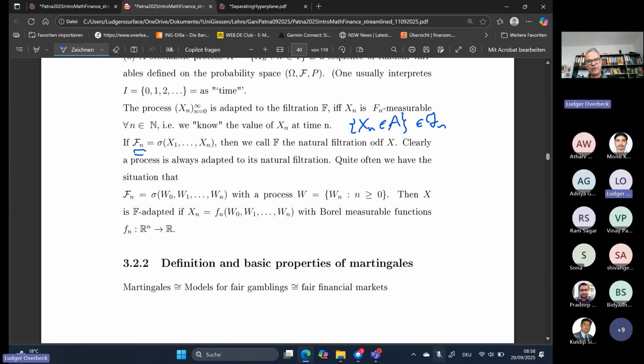And so now we come further to stochastic process theory. Often you have an underlying noise like the Brownian motion, and the actual observed asset price is a function of the Brownian motion. This means you might see the entire Brownian motion, but if, for example, the volatility matrix is not of full rank, you have less information.